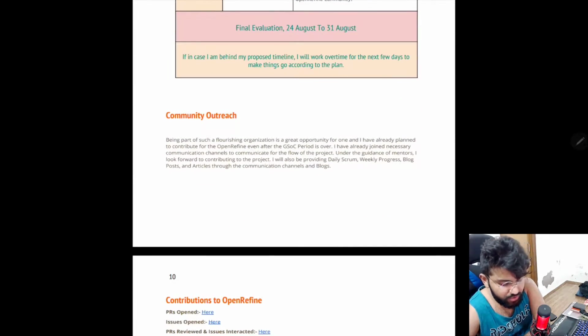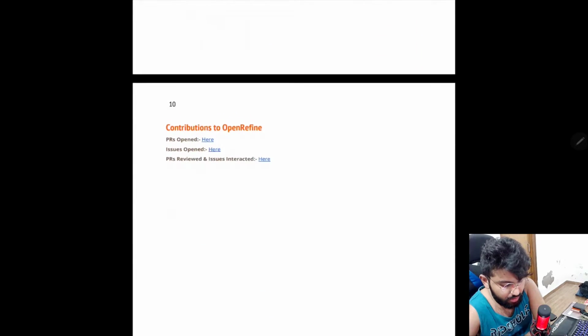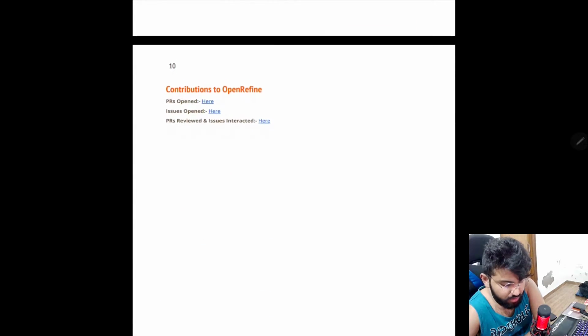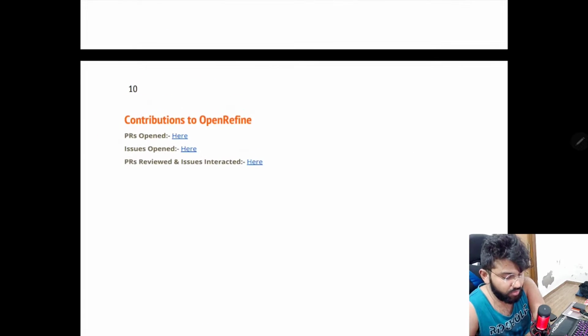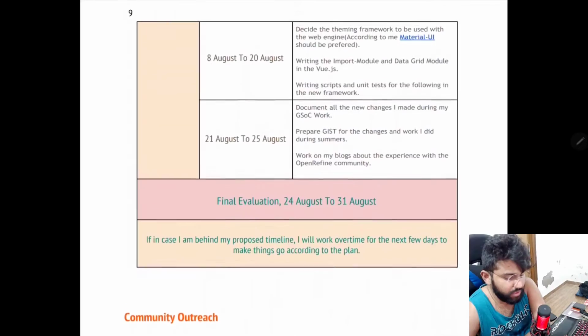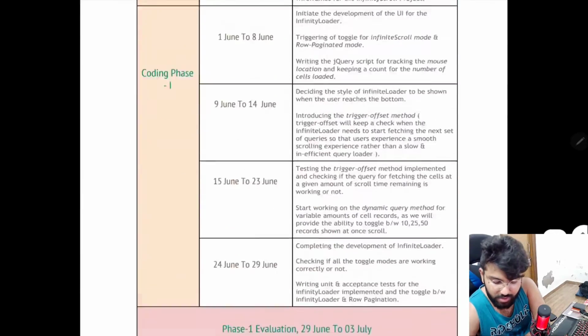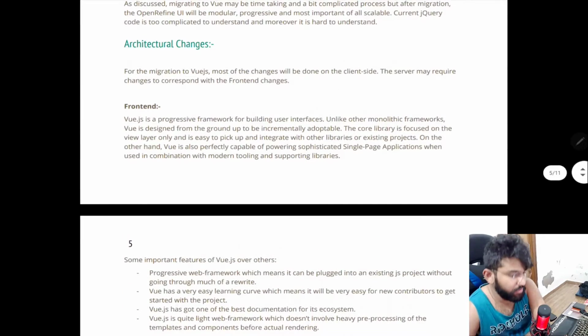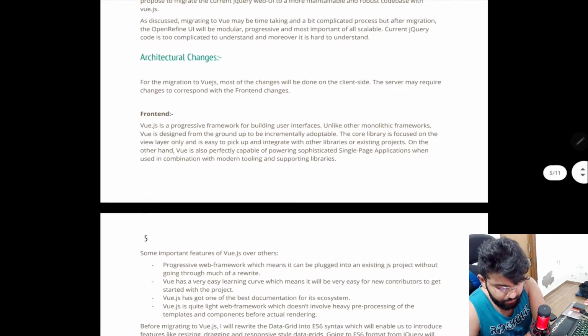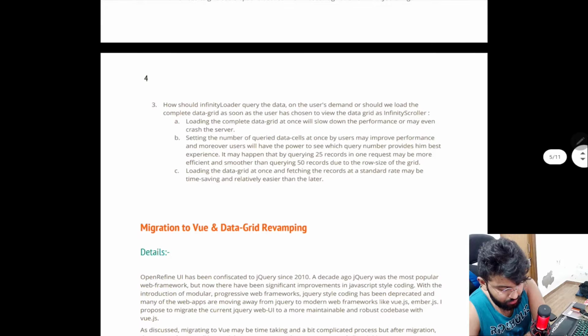So he has also mentioned the community outreach thing that I talked about, and contributions to Open Refine, and that's it. I guess it's a very straightforward proposal, not beating around the bush. So I think that's good. That's totally something that would get anyone's attention. All right, moving on to the next one.